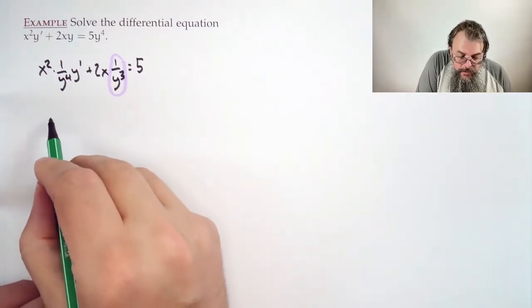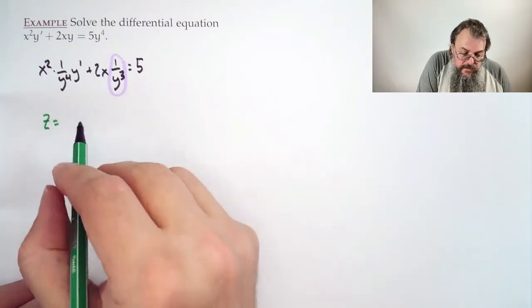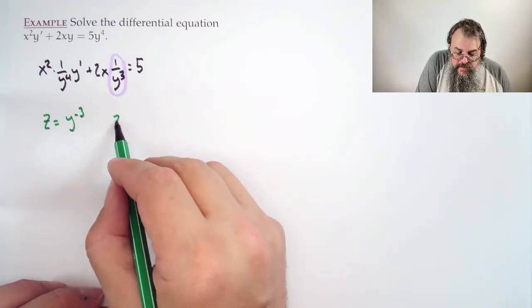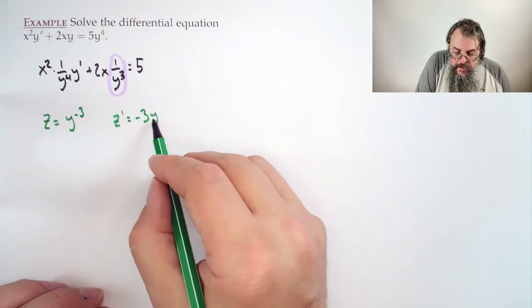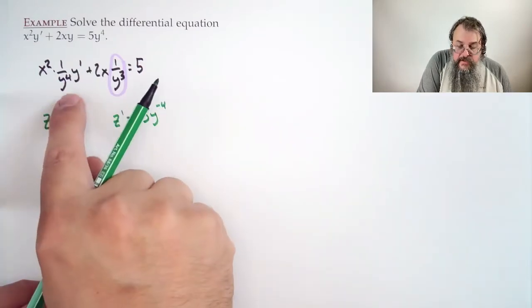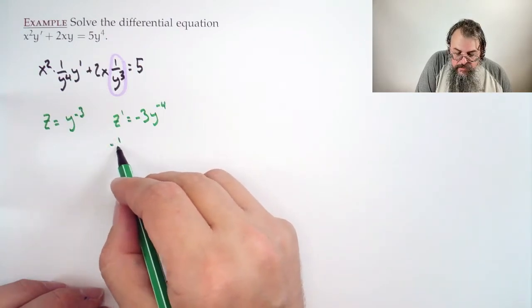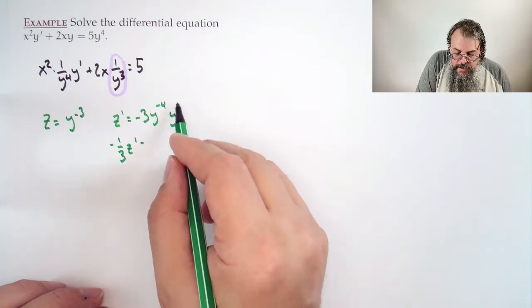So we have our substitution. Z is 1 over y cubed. Let's go ahead and write that as y to the minus 3. If we take z prime, that would be minus 3 y to the minus 4. Well, that's basically what we have here, except for that minus 3. Okay, so that's minus 1 over 3 z prime is, oh, I forgot my y prime there.